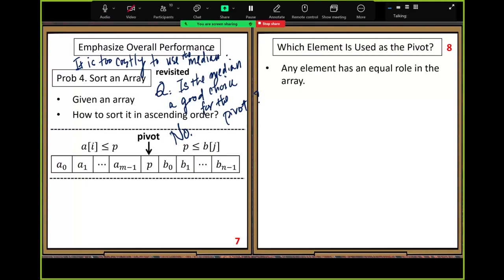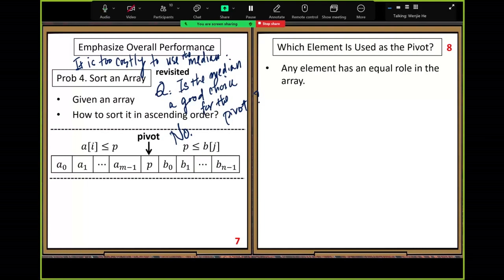All right. So then the question, which element should we use as the pivot? We do not want to use a lot of comparisons to get the pivot. So here the answer is we select a random element as the pivot. A randomly selected element.